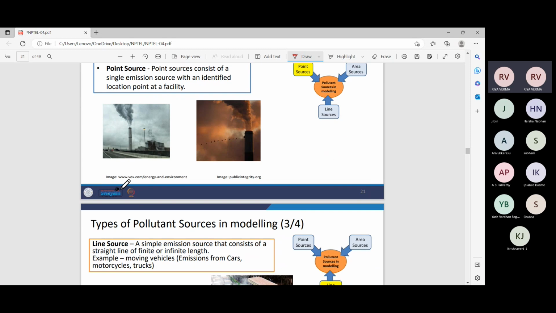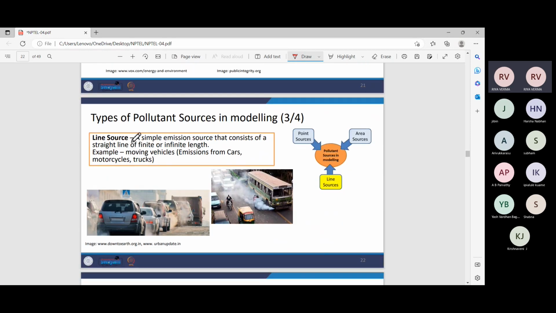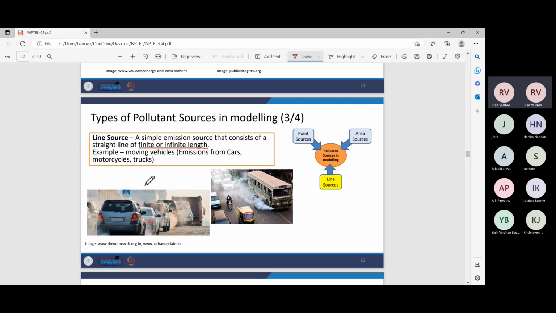Now coming towards the line source. A line source is basically a simple emission source that consists of a straight line of finite or infinite length. For example, moving vehicles, that is, emissions from cars, motorcycles, or trucks. I think I took this example in my previous class as well.